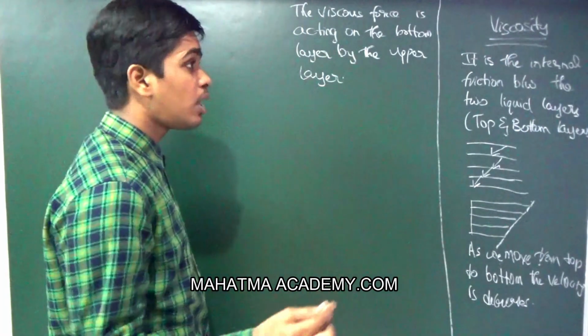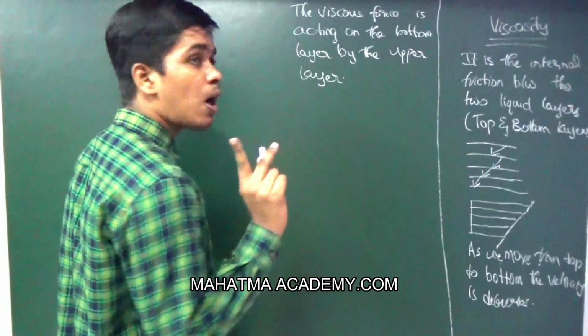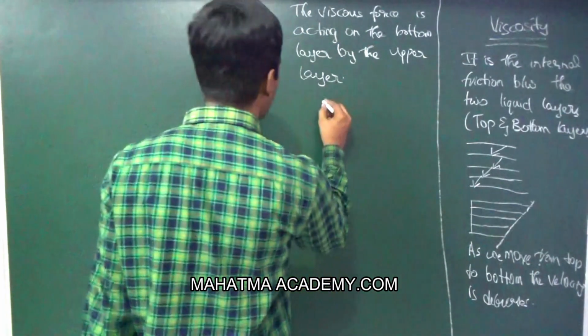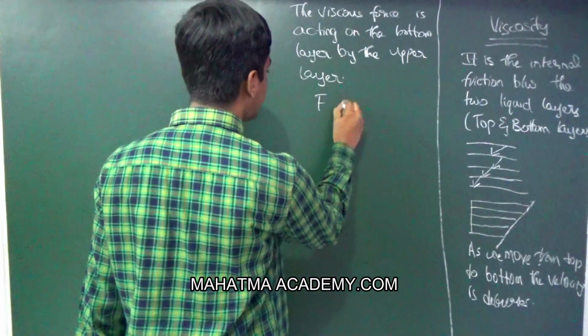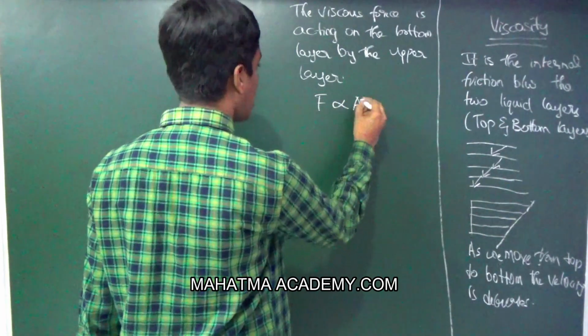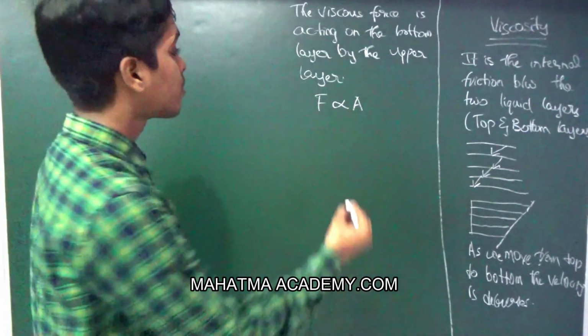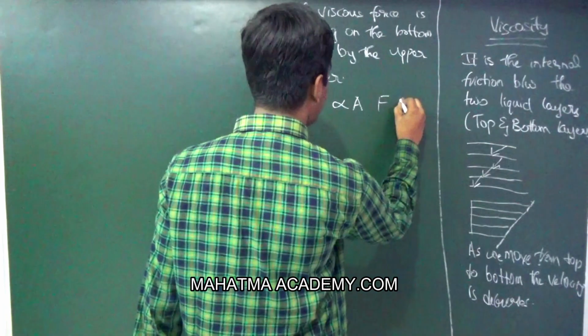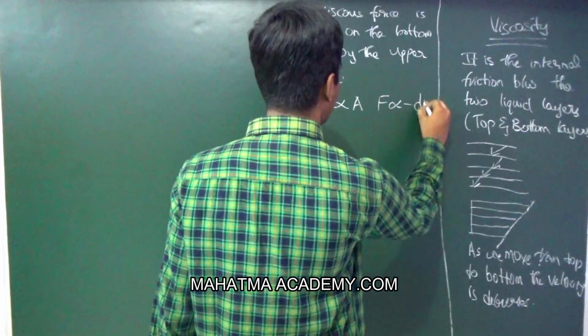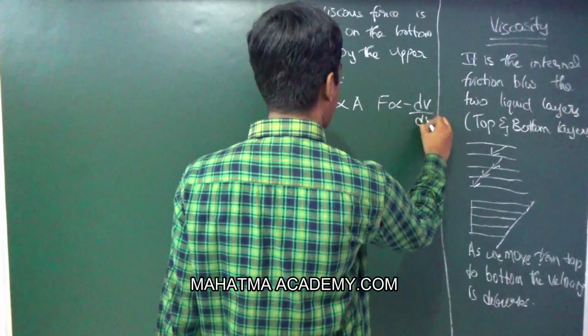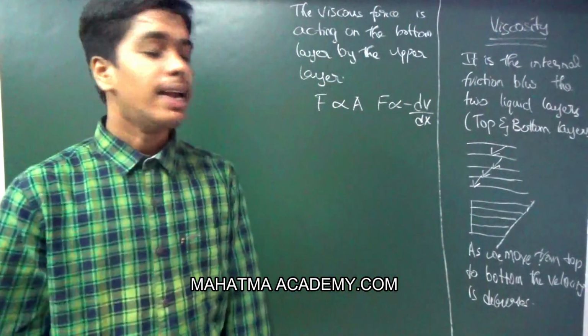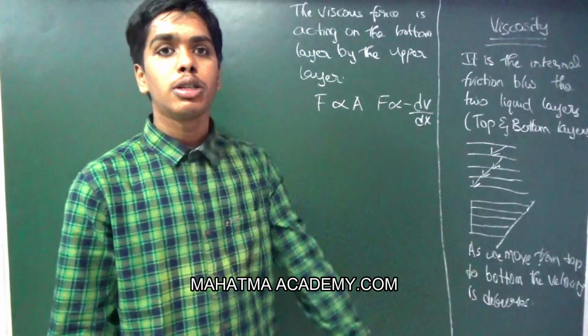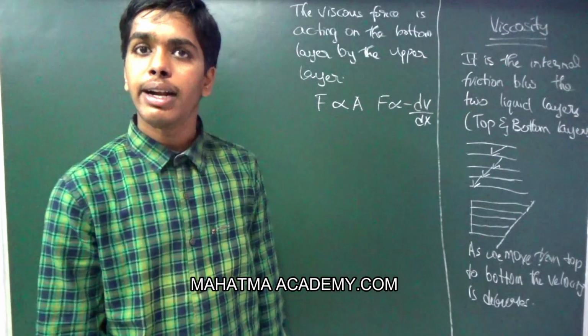Now we will derive the formula. According to Newton, force is directly proportional to area, and force is directly proportional to minus dV upon dx. That means as the distance from the topmost layer increases, the velocity will decrease.